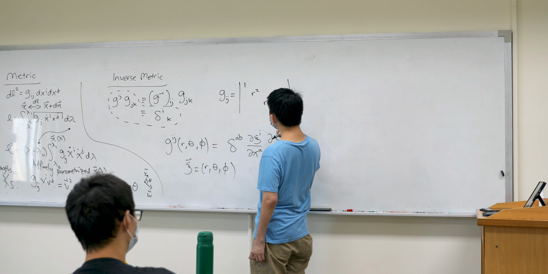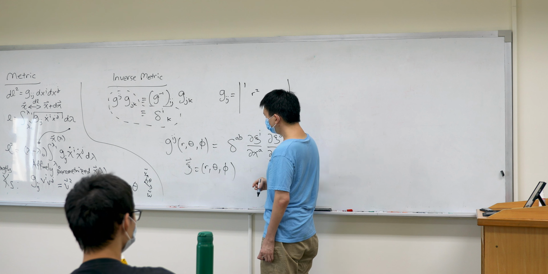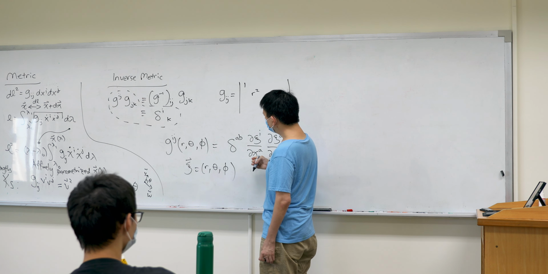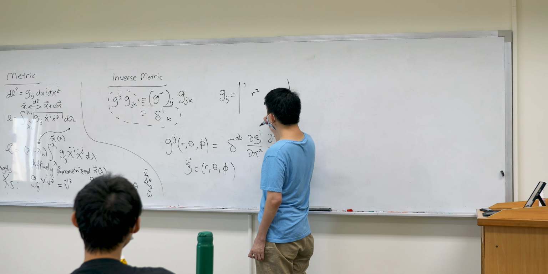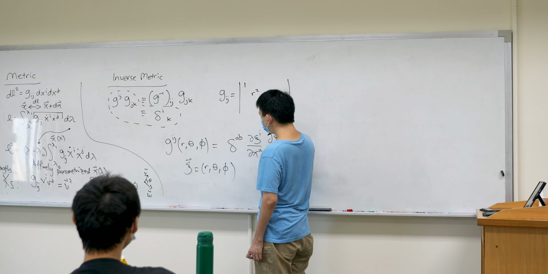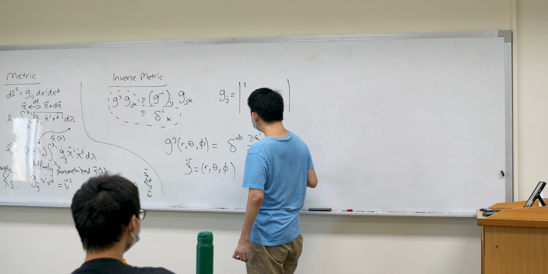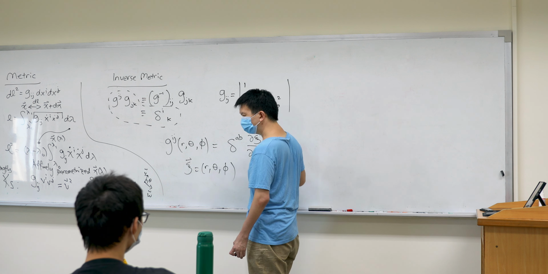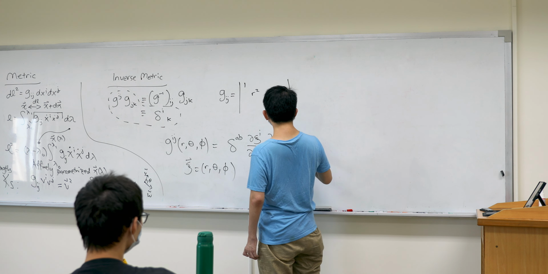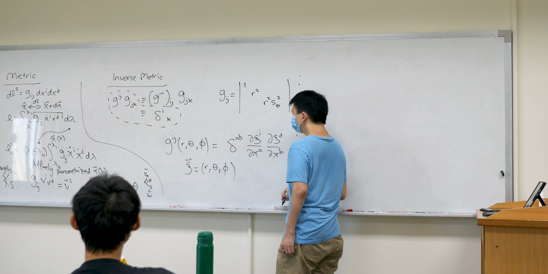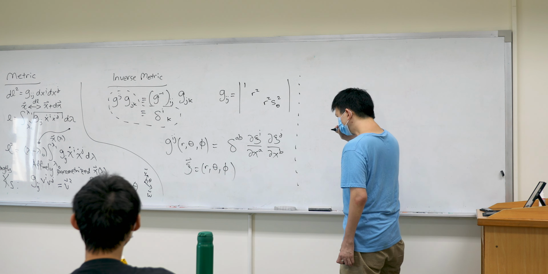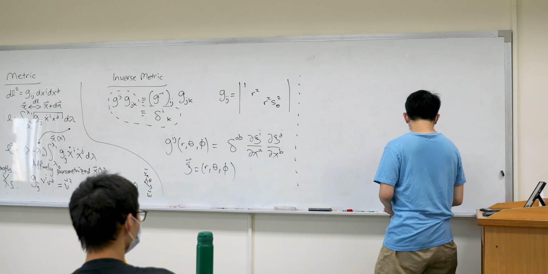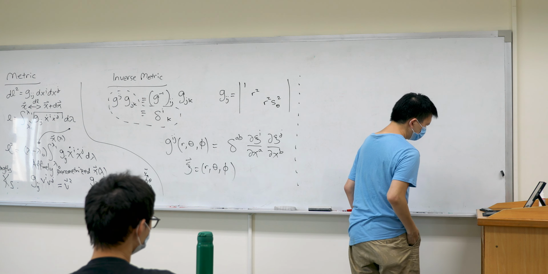But basically, just take the reciprocal of the diagonals. But if it's consistent as a tensor, you better get the same answer. In other words, taking the inverse of this should give you the same answer as this more elaborate calculation. And that's why I make you do it in the homework, just to check that at least in this relatively simple case, you do in fact get exactly the same result.